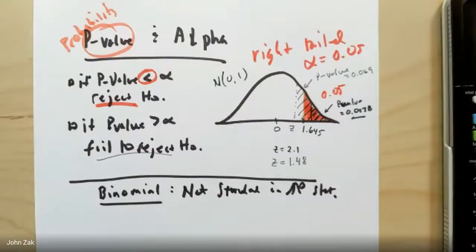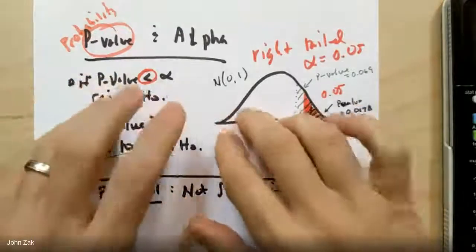It can be a tricky thing. Otherwise, I'm just going to start asking you questions about type 1 and type 2 errors just to see what you guys know and remember about it.